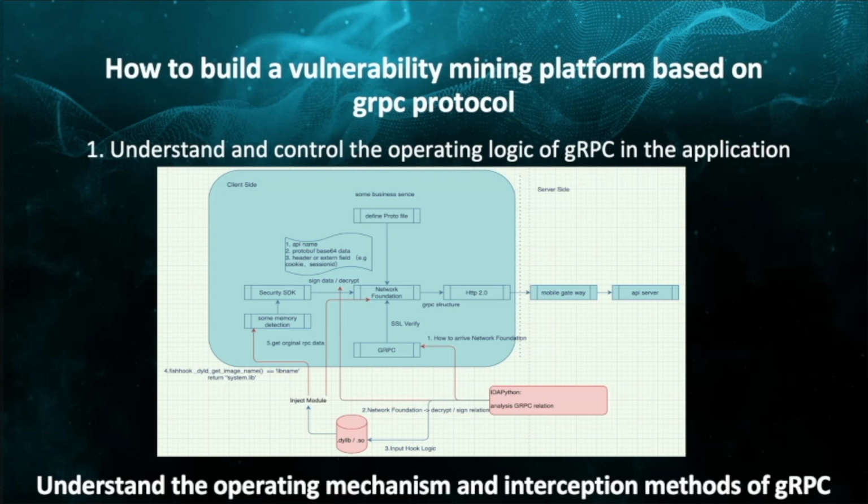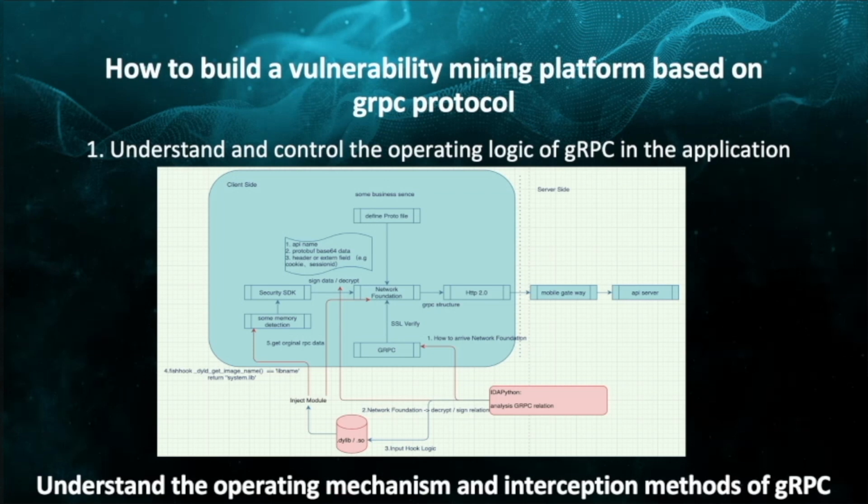Step 2: obtain the gRPC method name, original protobuf data, and the header field and extension field corresponding to gRPC through the gRPC encapsulation function of the hooked network library.